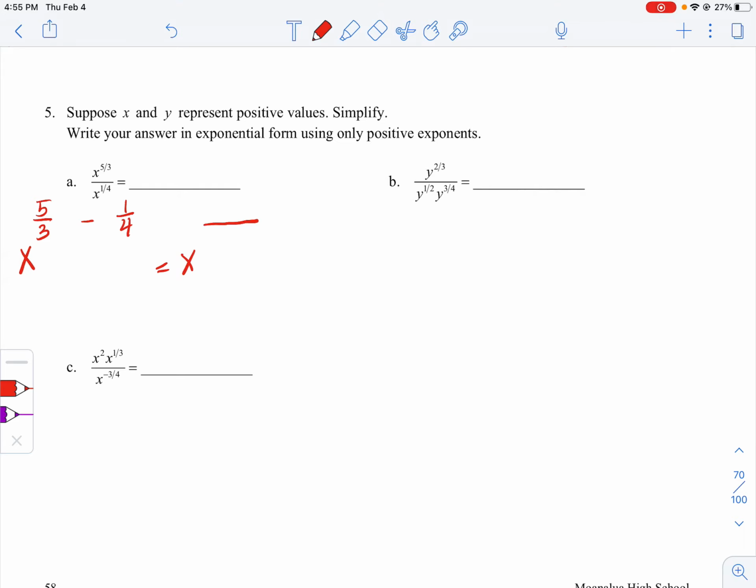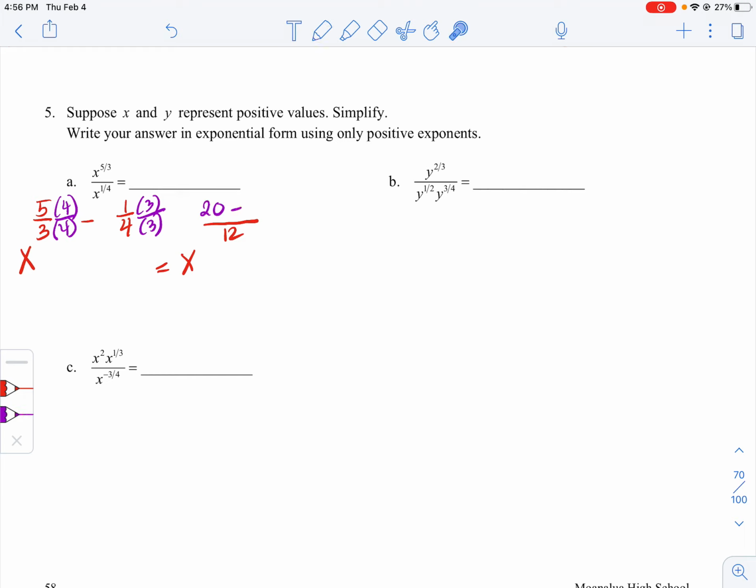And that would be a 12. So in order for the 3 to be 12, I multiply 4 top and bottom. In order for the 4 to be 12, I have to multiply with 3, so 3 top and bottom. So 3 times 4 is 12. 5 times 4 is 20.